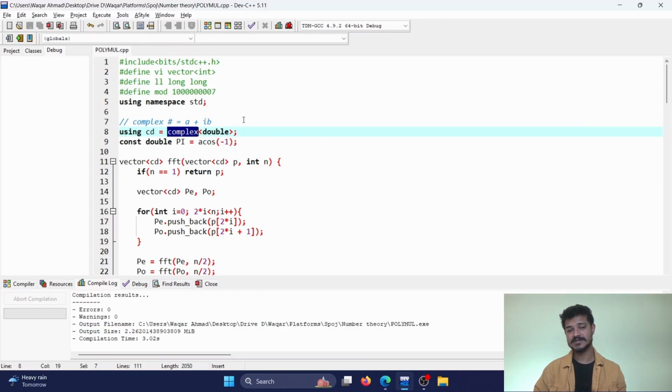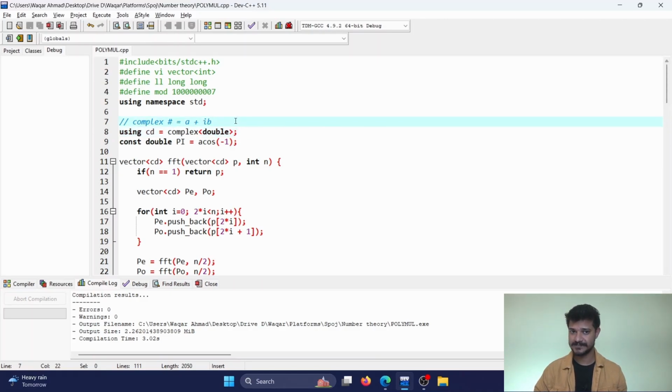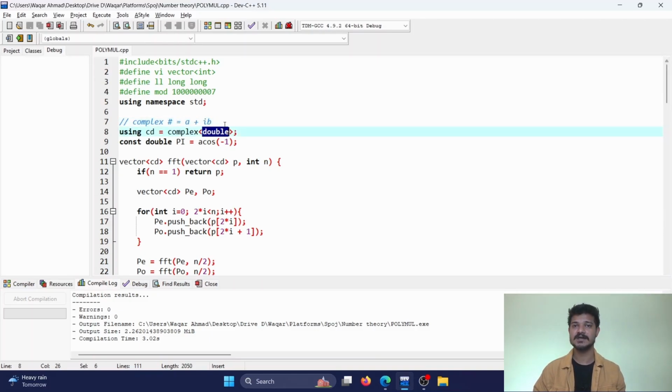And a complex number you write in a form of a plus ib, right, where a and b both are numbers. So when we say complex of double, we are saying that a and b will be of type double, right? If you say complex of int, a and b will be of type integer. That means you can have numbers like 3.5i, but you can't have 3 plus 4.6i, because 4.6 is double.